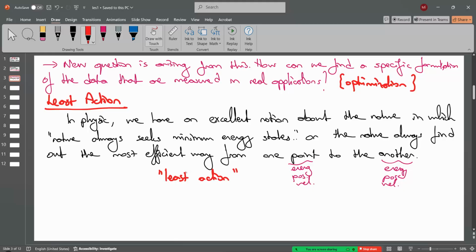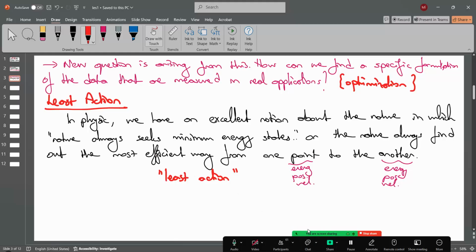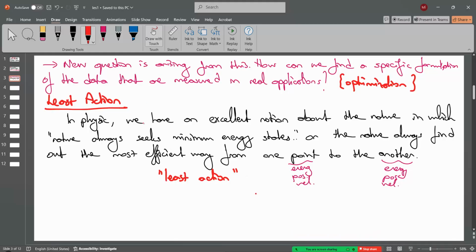Okay? And nature is lazy, which means that it doesn't like to convert energy from potential to kinetic, or vice versa. If any energy form or mass or something like that stays at one point, it stays there all the time. So how can we solve this problem based on this formulation? Because in order to build our model based on A, B, C or some equation form, we need to utilize optimization.